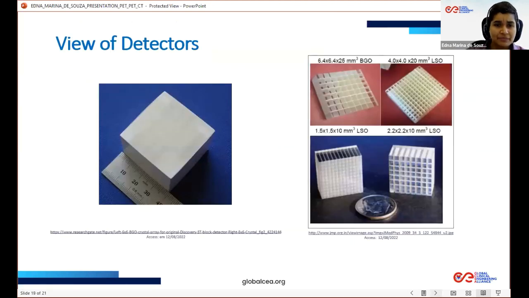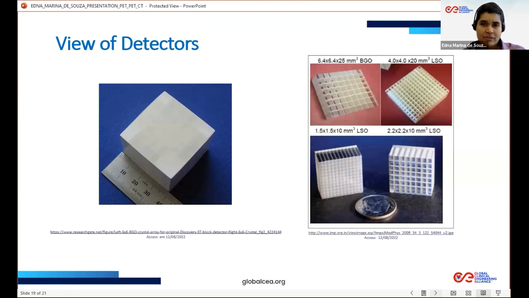So here we have a view of 2 types of scintillator block detectors that we can find in PET scanners today. They are the BGO and LSO. So here we have these examples to give you an idea of the size of these blocks and the detectors, right?